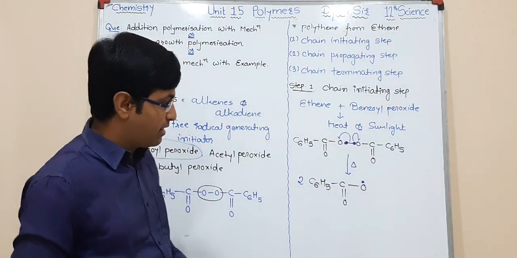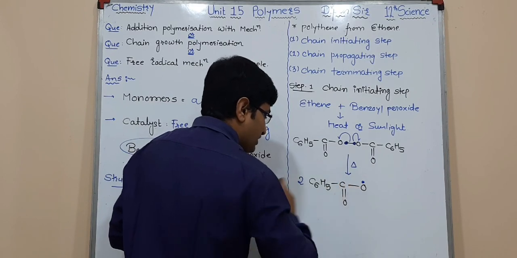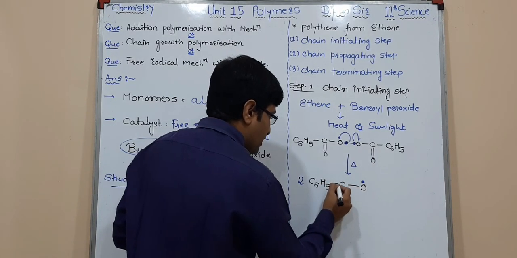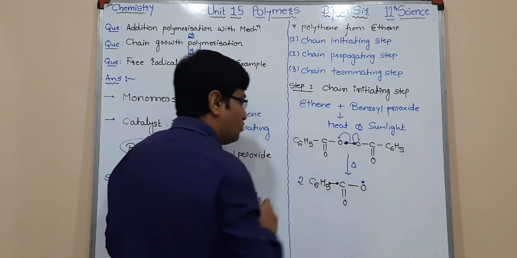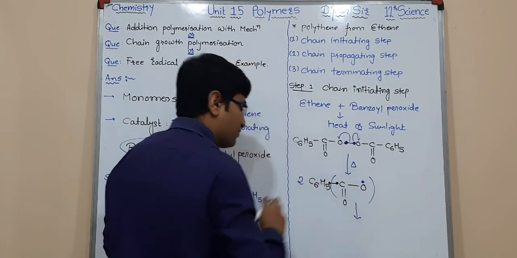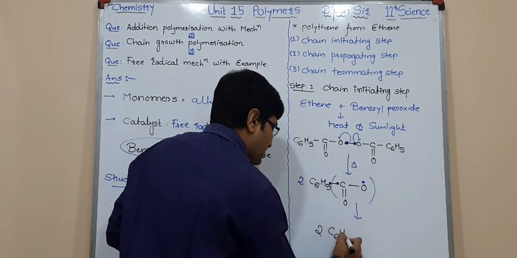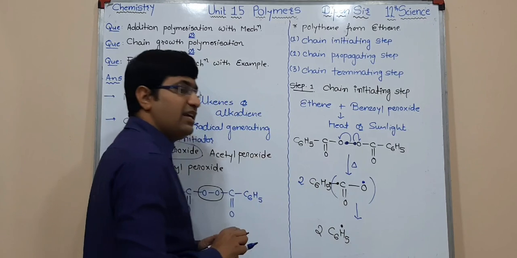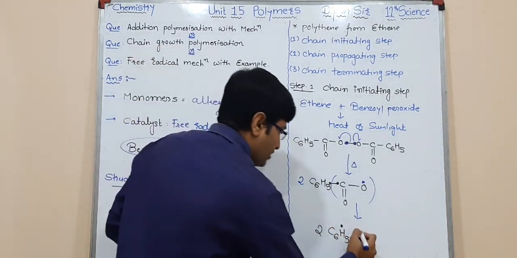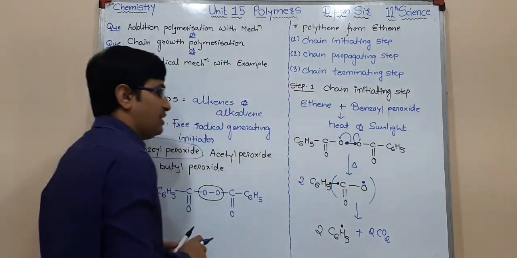Now again, this structure can be converted into a carbon dioxide structure. So in the next step, we obtain 2 molecules of C6H5 free radical and 2 molecules of carbon dioxide are released.